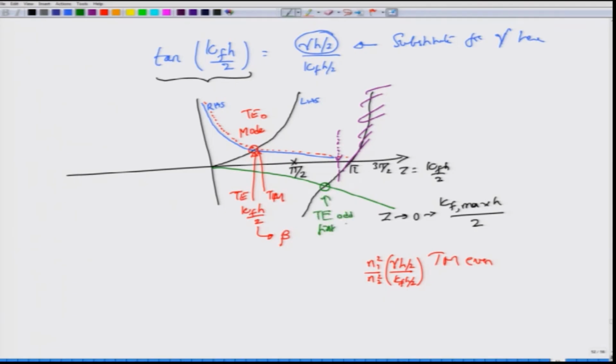Similarly, for the TM odd mode, you will have to start somewhere here and then meet here. So, this corresponds to the TM odd mode. Again, please note how closely these TE and TM modes are situated depends on the index values of N1 and N2.